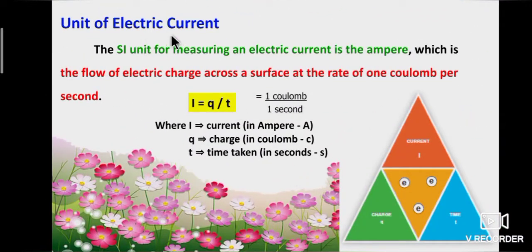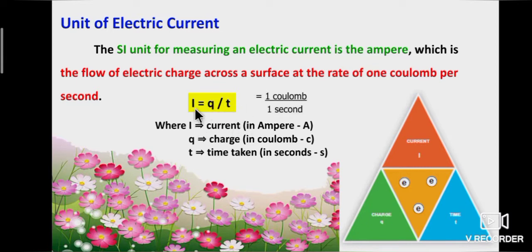So what is the unit of electric current? The SI unit for measuring electric current is the ampere, which is the flow of electric charge across a surface at the rate of 1 coulomb per second. That is, I = Q/T.